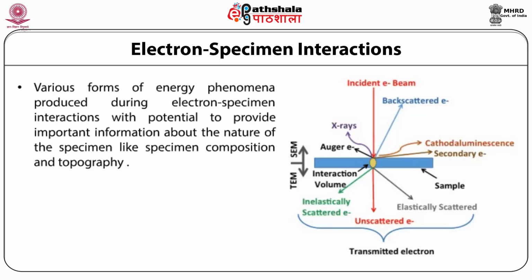As an electron travels through the specimen, the interaction volume, it scatters, loses energy and changes direction with each atomic interaction. Scattering events can be divided into two general cases. First is elastic scattering and second is inelastic scattering.